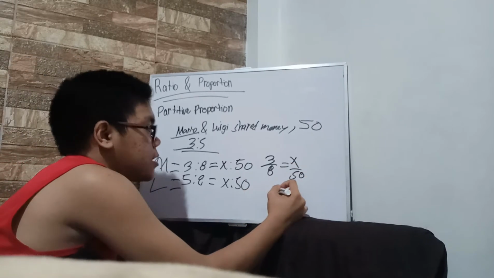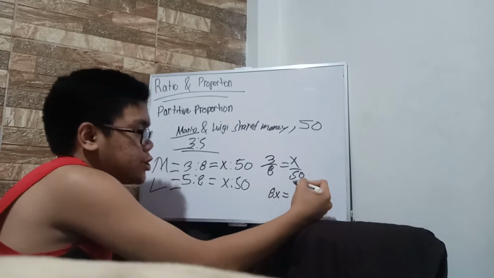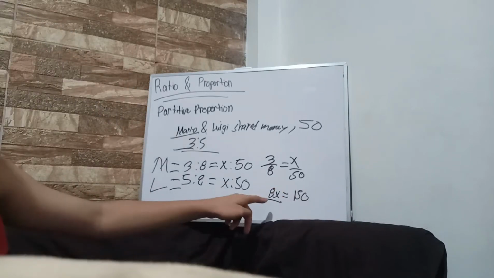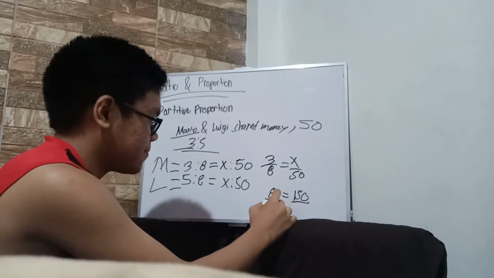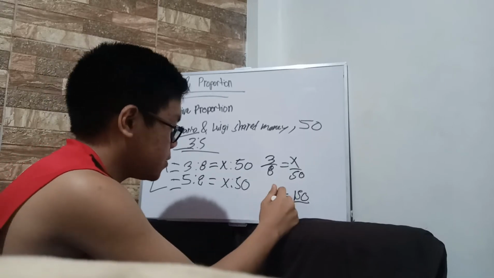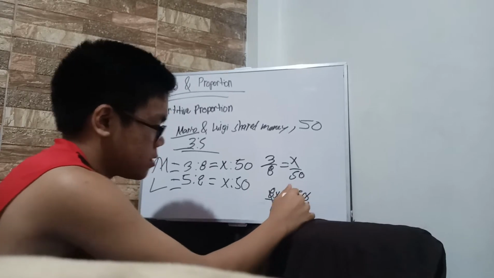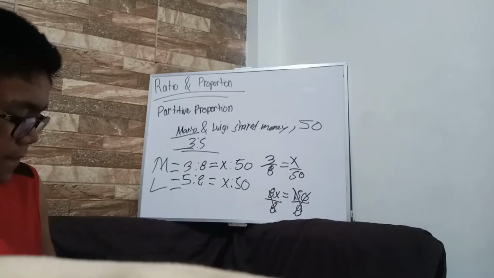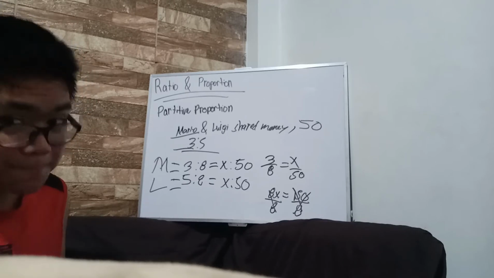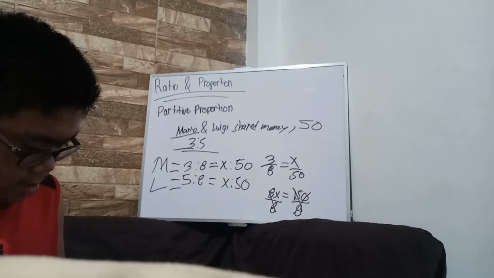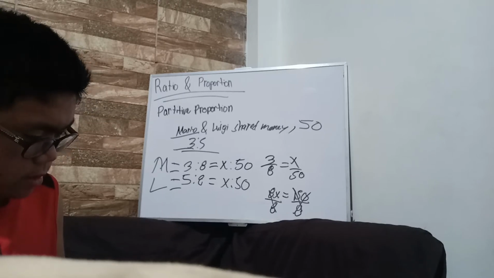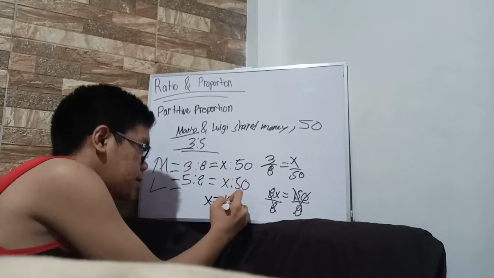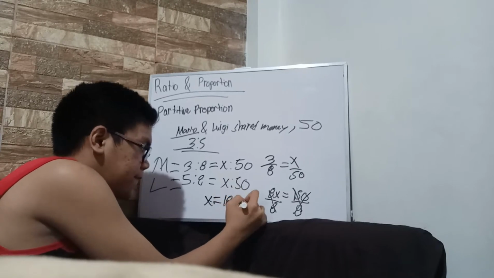Cross multiply. 8x is equal to 3 times 50, which is 150. We need only x left, so 150 divided by 8 is equal to 18.75.